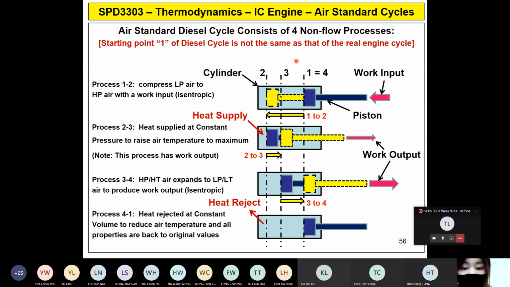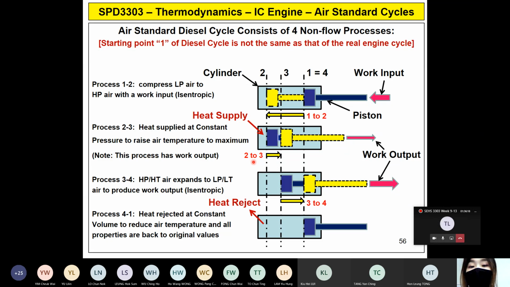First, we ignore the combustion. We assume our combustion happens outside the cylinder. We use a heat supply and heat rejection to model the combustion and the exhaust gas.